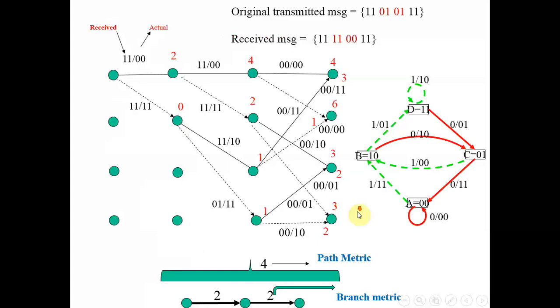So again we just repeat: we mark all the states and we assume that every state will have 2 transitions, and we evaluate all the states compulsorily, and don't make the elimination here itself. Don't be under the assumption that this path is giving me an error of 2 and this path is giving me an error of 0, so this path is eliminated. No, the elimination will start only when all the 4 nodes receive 2 inputs.